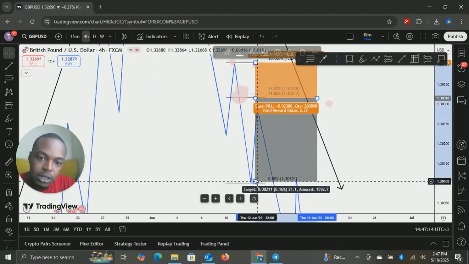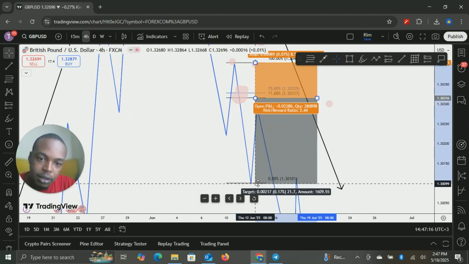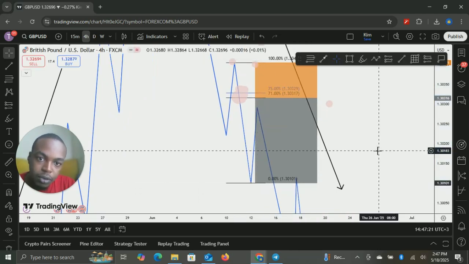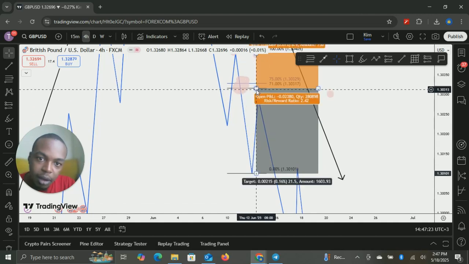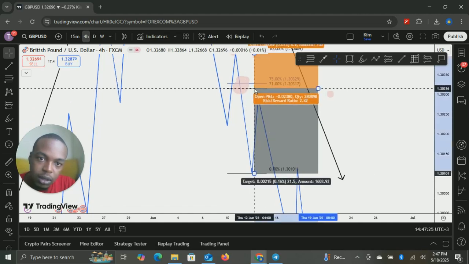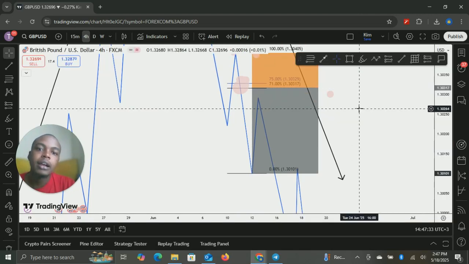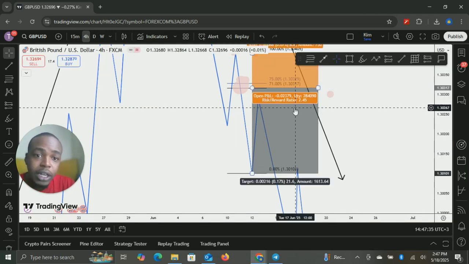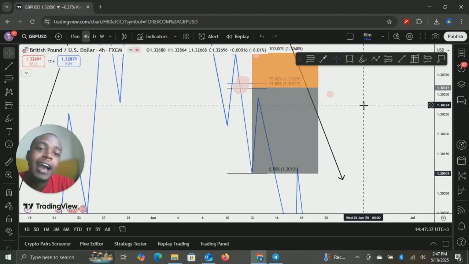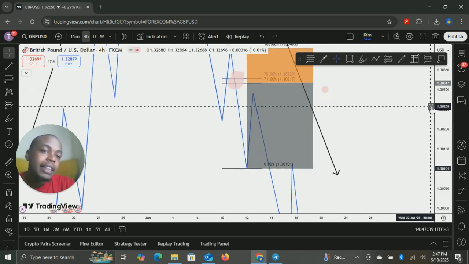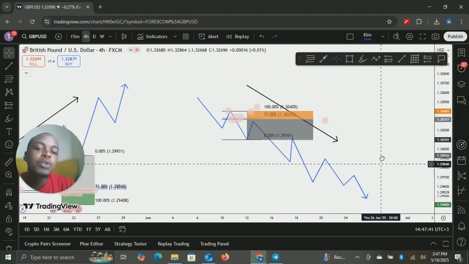I want to draw it exactly so that we can have the exact points. It's saying 2.42, because this one is not exactly at the desired place, but basically you see it's 2.45 RR, exactly there. So you'll get a 2.45 RR, and that is how you take your trades.